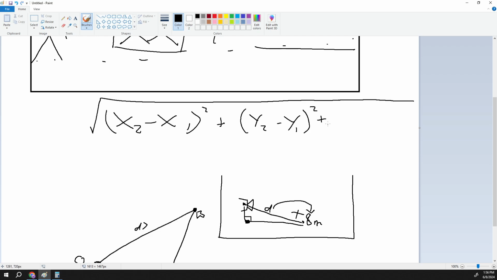And same thing if it's a 3D plane, we have z2 minus z1 squared. And it's still the same thing. Usually, kapag 2D plane, di ba wala to? Kasi technically, this is both 0.